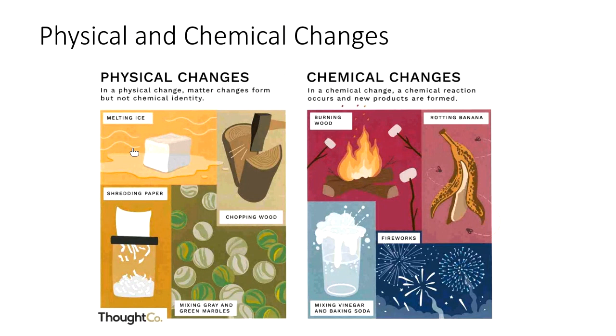Now, the difference with the chemical changes is that after a chemical change, the identity of the initial substance changes. And it says here, new products are formed. So for example, if you burn something, I bet you have seen this, instead of wood, you are going to have ashes, right? So new products are formed, and therefore this is a chemical change.